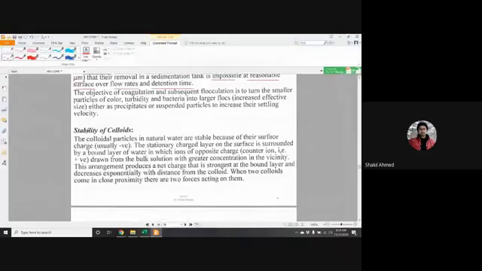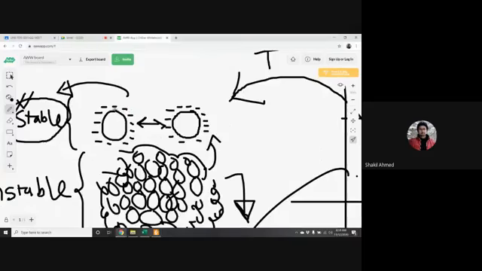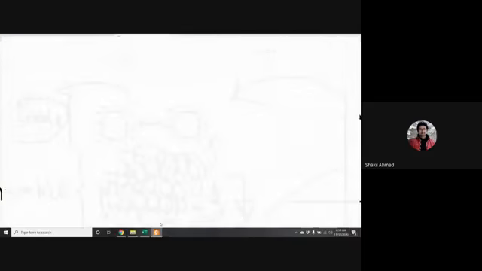So that's the stability of colloids. What is colloid? These smaller particles are called colloids.